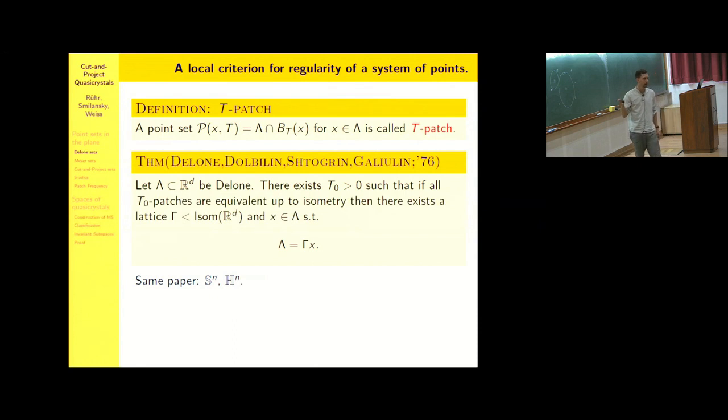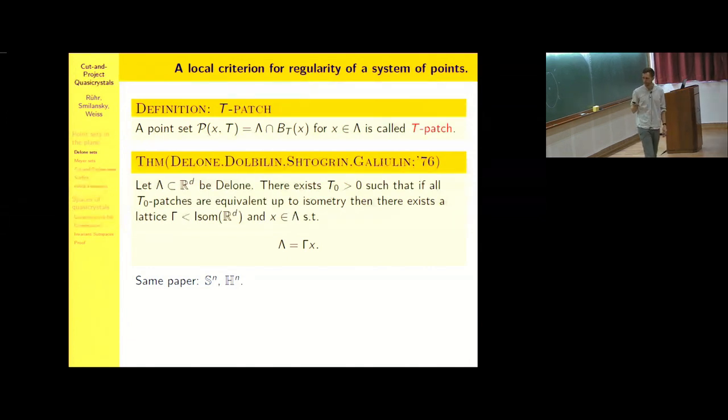It has to be a single orbit of some lattice in the symmetry group of Euclidean space. They call this the local criterion for global regularity.